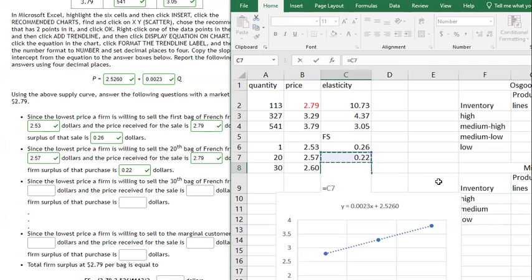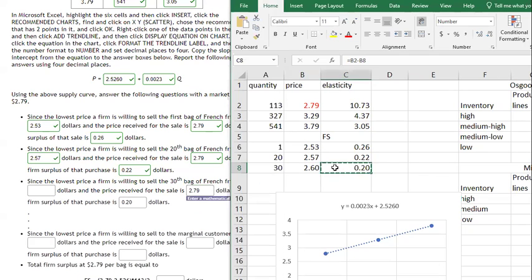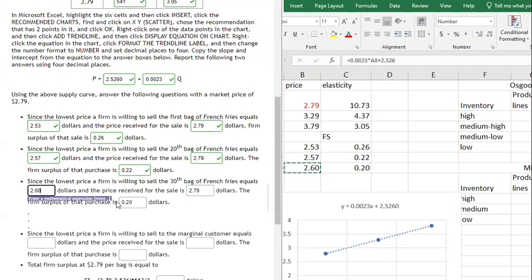And their surplus is the difference between the market price and what they're willing to part with the product at, right? So now their firm surplus is 20 cents. They're still getting $2.79 a bag. And they feel great about that because they would have sold it for as low as $2.60.